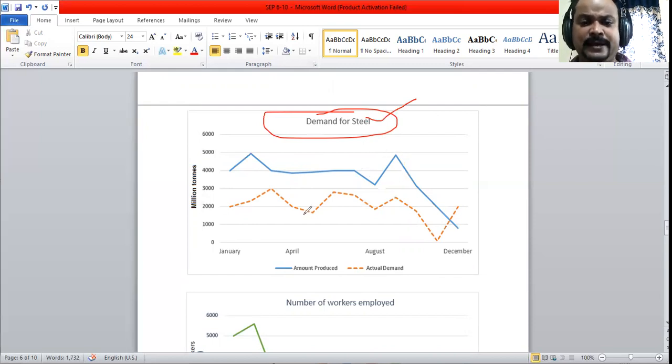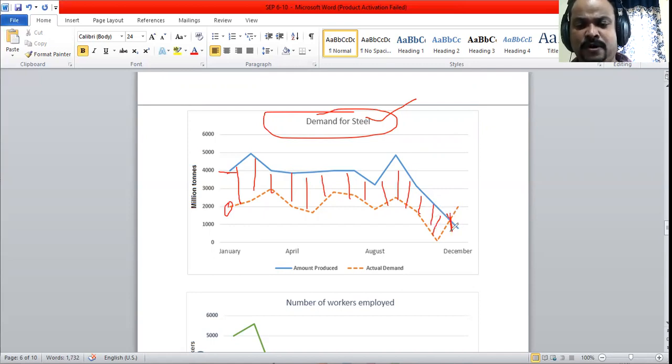We have to say that in January, we have 2 million tons of demand. The production was double that. You can see that this gap was maintained. Always the production was on the higher side, and the demand was on the lower side.